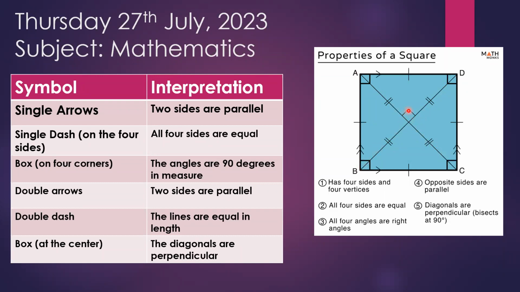The box at the center means that these two diagonals are perpendicular, means that they form a 90 degree angle. The double arrows means that the two lines are parallel, and the dash on the four sides, sorry, means that all four sides are equal. All right. So those are the symbols along with the interpretation.